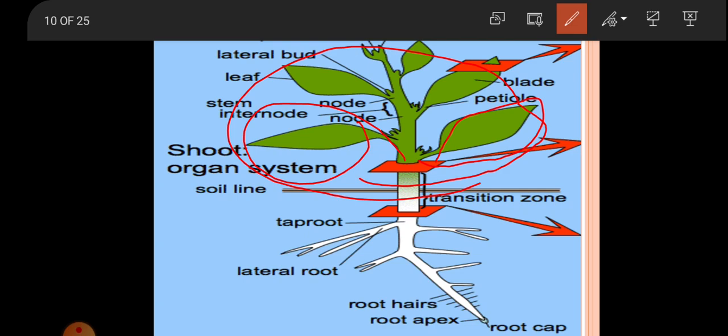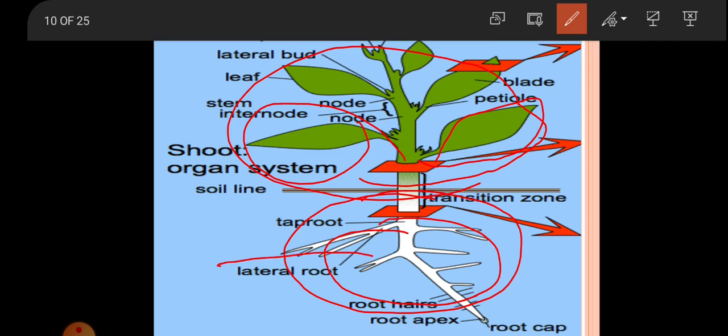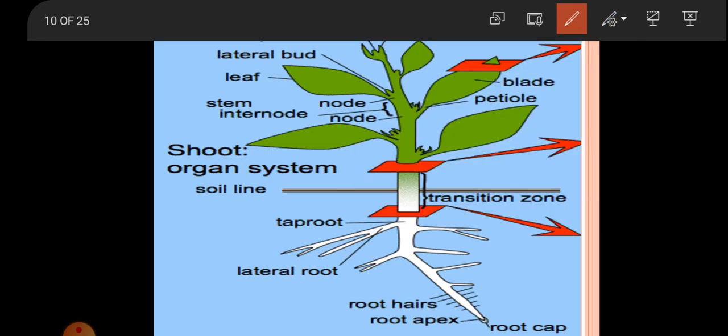And in the root system we can see the roots. In a monocot we can see the single cotyledon, and in a dicot we can see the two cotyledons.